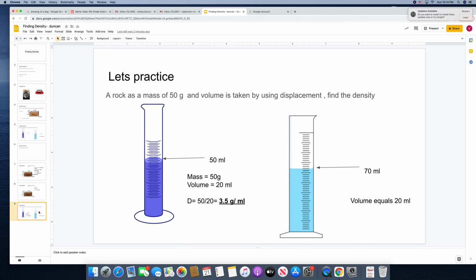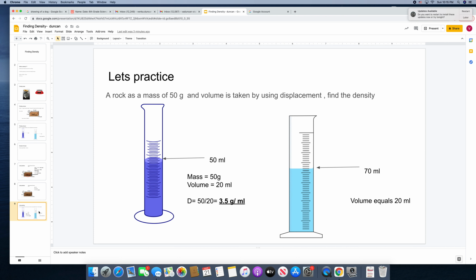Like I mentioned before, if we have an irregular shaped object, we're going to use our graduated cylinder to determine our volume. So here we have a rock that has the mass of 50 grams, and the volume is taken using displacement. Find the density. So we know that our mass is given to us. It's 50 grams. Down below, we have our volume that we're going to calculate using the graduated cylinders.